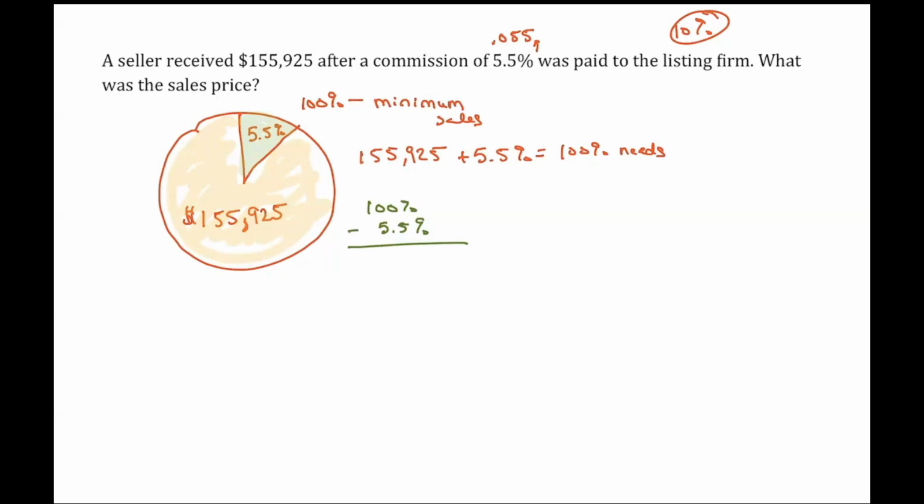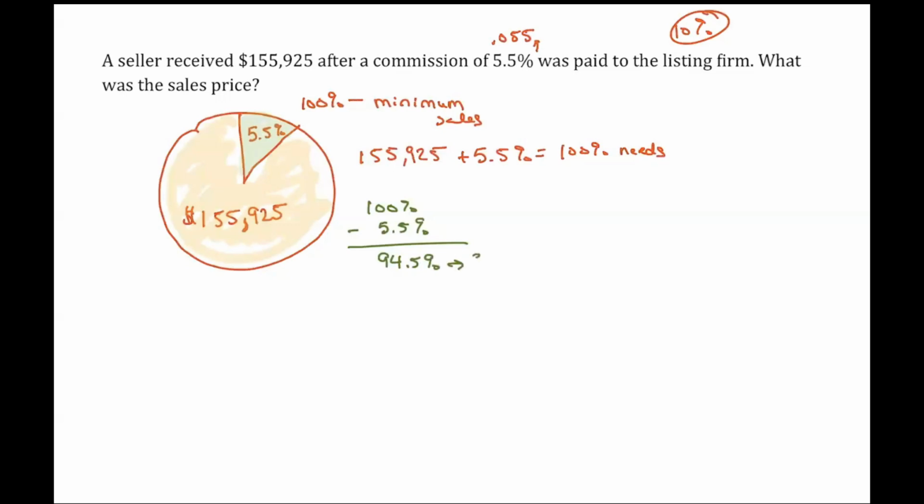Okay, I see what you're saying. So that's when you're subtracting the 5.5% from the 100%. Yep. So what do you get when you do that? 94.5. There you go.